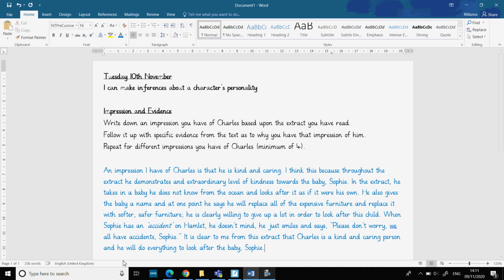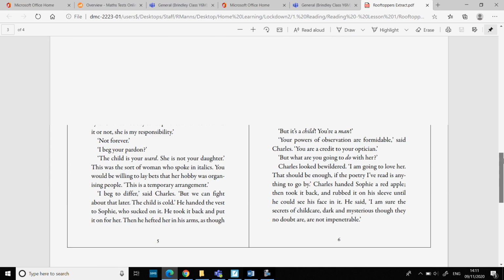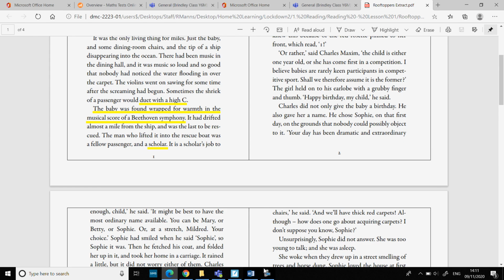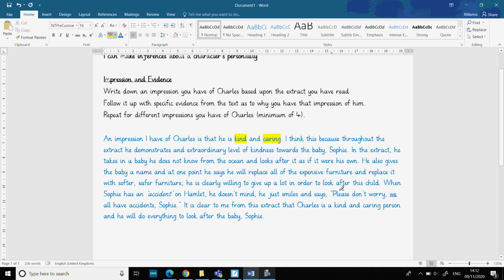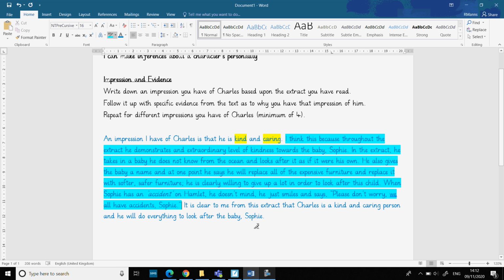So this was me looking back through this extract and picking out all the evidence that Charles is kind and caring. Okay, that is one example. I've given my impression, and then I've backed it up all the way through with evidence, and finally I've put a final line to say it's clear to me that he's a kind and caring person.